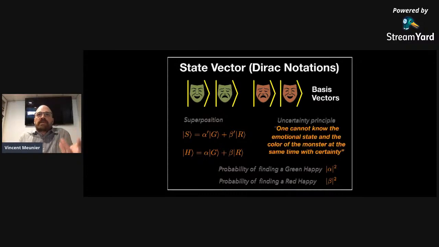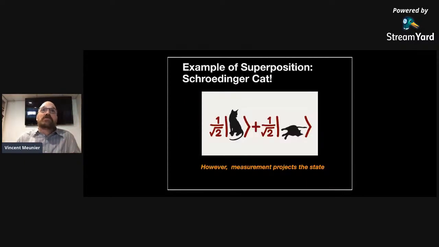This is related, obviously, to the uncertainty principle that we hear a lot about in the popular media: we cannot know the emotional state and the color of the monster at the same time with certainty. Of course, usually we don't talk about monsters; this is for pedagogical reasons. Another example that you hear a lot is the famous Schrodinger cat that's both dead and alive.